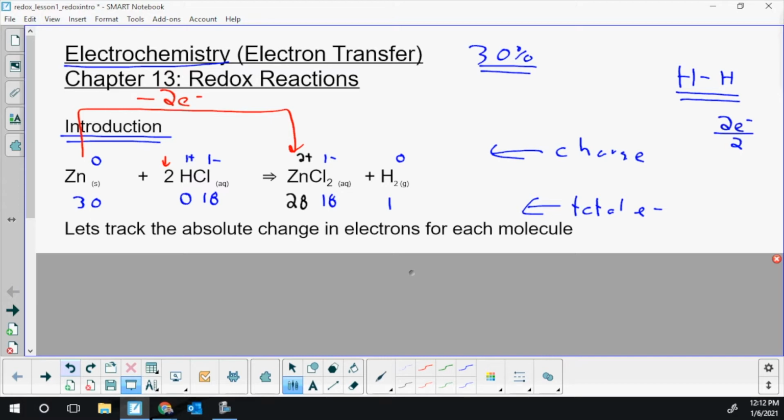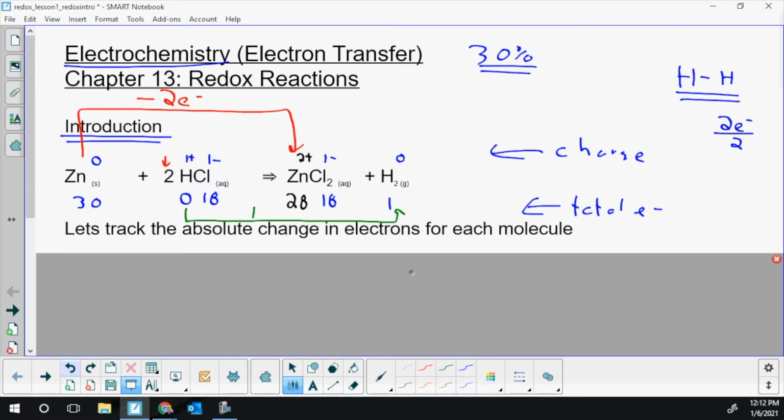28. Okay. Now in a reaction, we're going to see that whenever you have a loss of electrons somewhere, you have to have a gain of electrons somewhere else. So somewhere electrons were gained, and that is with our hydrogen. Every hydrogen starts with 0, and they end up with 1 on the product side.